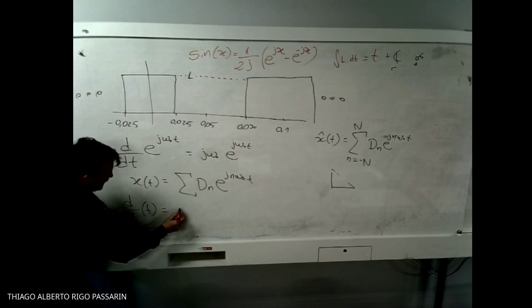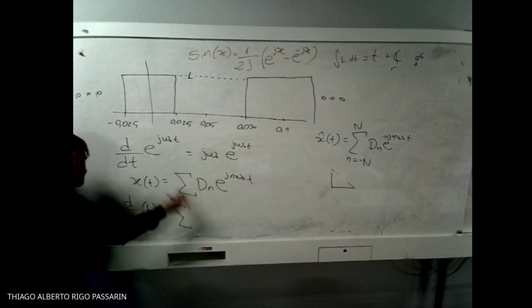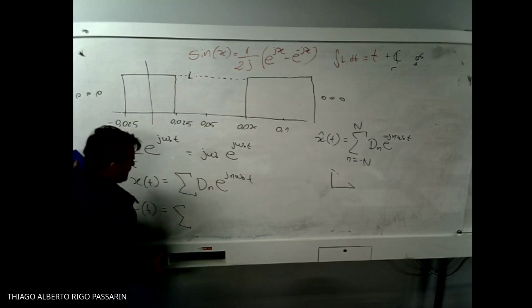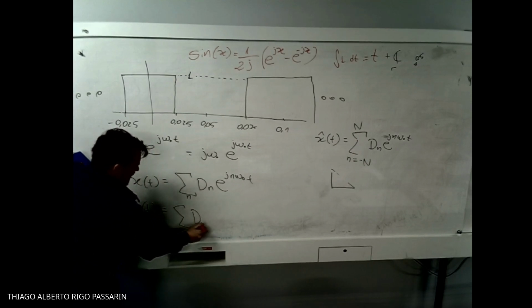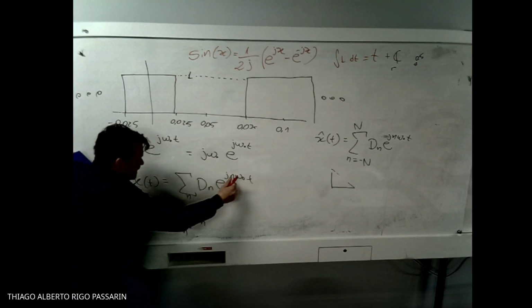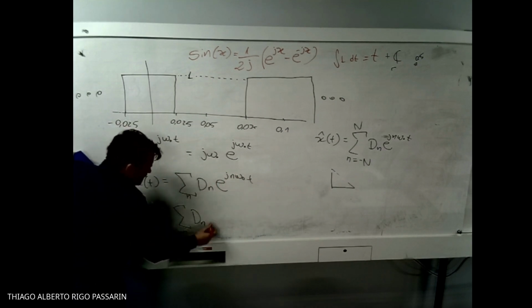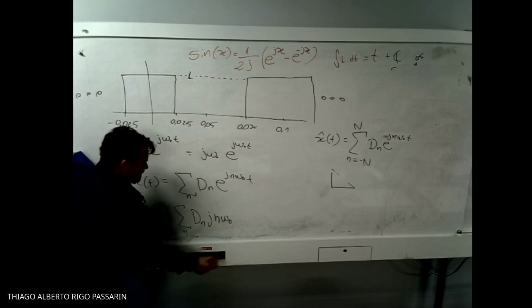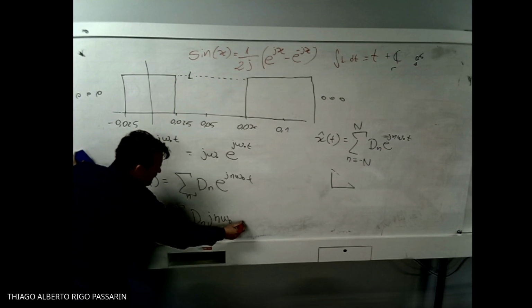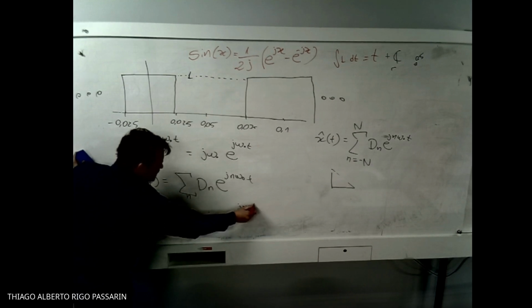So you still have the sum here from minus infinity to infinity of n. You have the d n, and you just have to put here j n omega 0, times e to the j n omega 0 t.